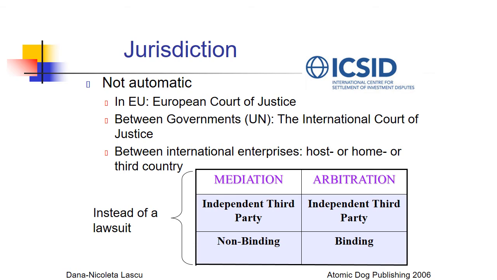So if you have any issue within the European Union, you can always appeal to the European Court of Justice. If there are disputes between governments, there is the UN body, which is the International Court of Justice, ICJ. So these are for disputes between governments. So government to government, if there is a dispute, you can seek assistance from the International Court of Justice, which is a UN, United Nations body.